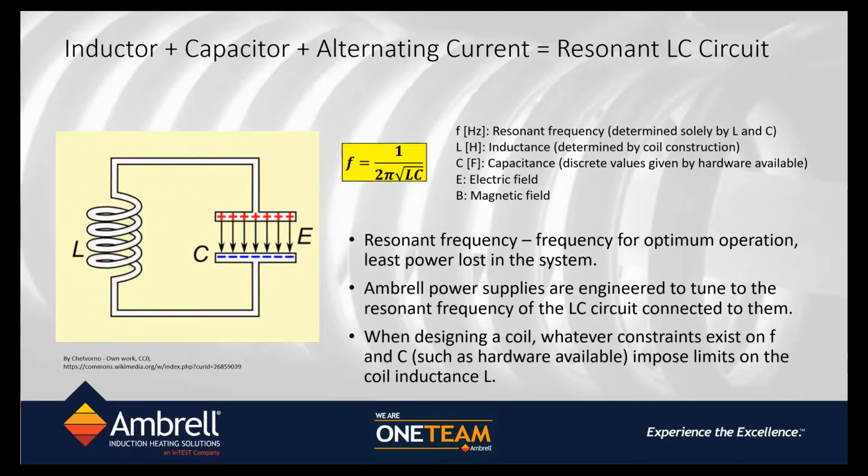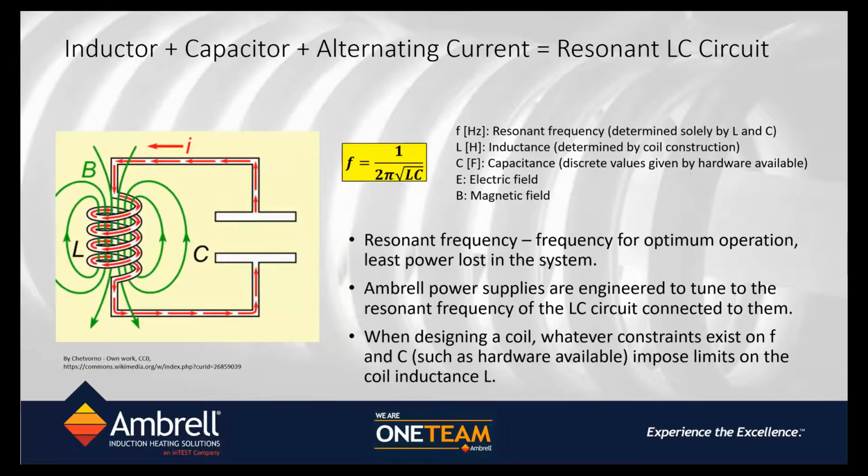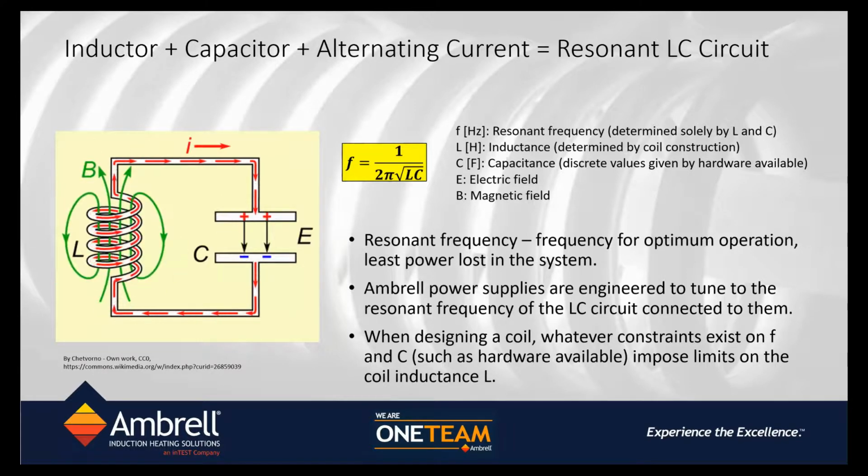equation. At this resonant frequency, there is minimum energy wasted inside the induction heating power supply or in the capacitor and inductor network, but it is able to transfer maximum energy to the part that is being heated.